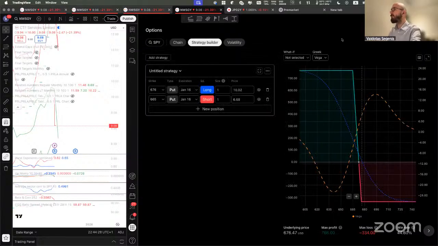So what we do here, we create this position. Now the payoff looks quite real actually. So okay, now what happens again? If you are wrong, if price doesn't go down or even goes up, your maximum loss is what you paid for this combination, and in this case it would be $334.